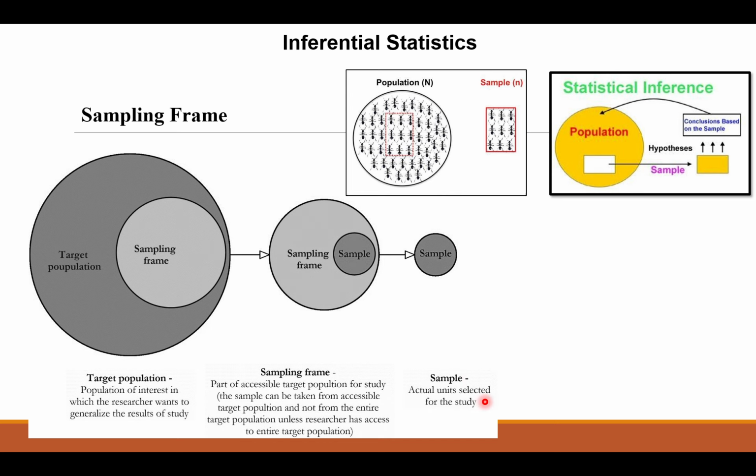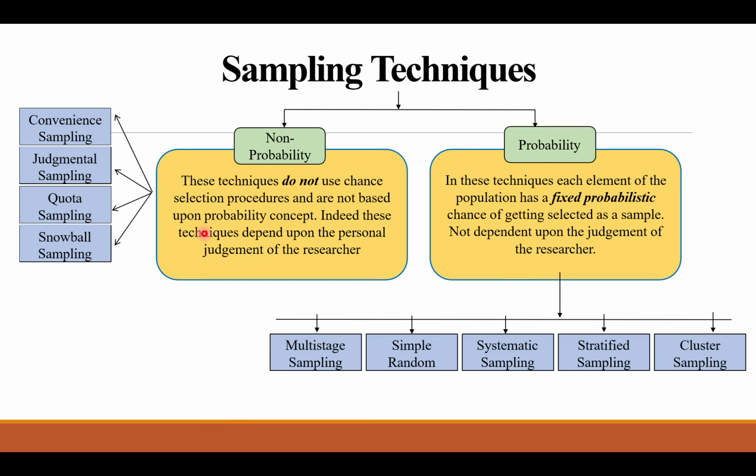The sample can be taken from the accessible target population and not from the entire target population unless the researcher has access to the entire target population. So what is a sample? It is the actual units selected for the study. So this sample is the actual unit that is selected from the sampling frame, and this sampling frame is selected from the target population.